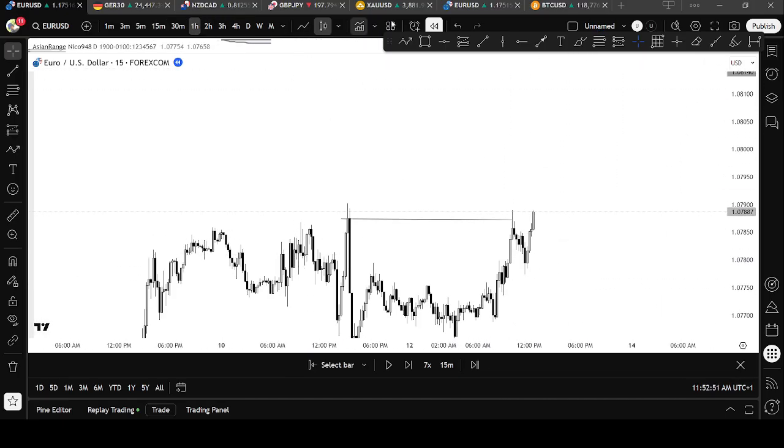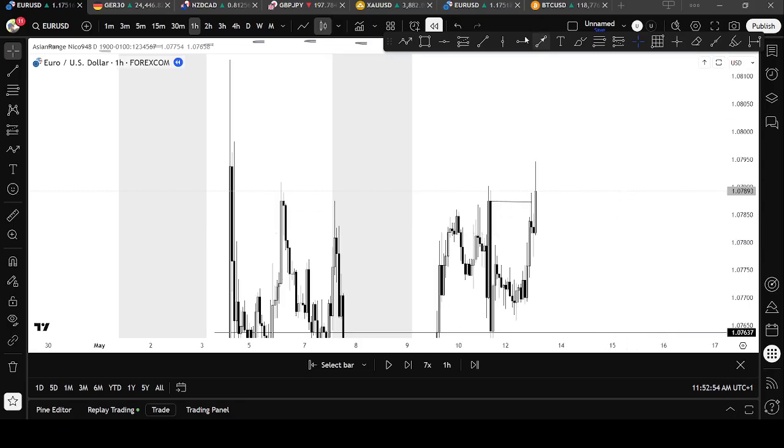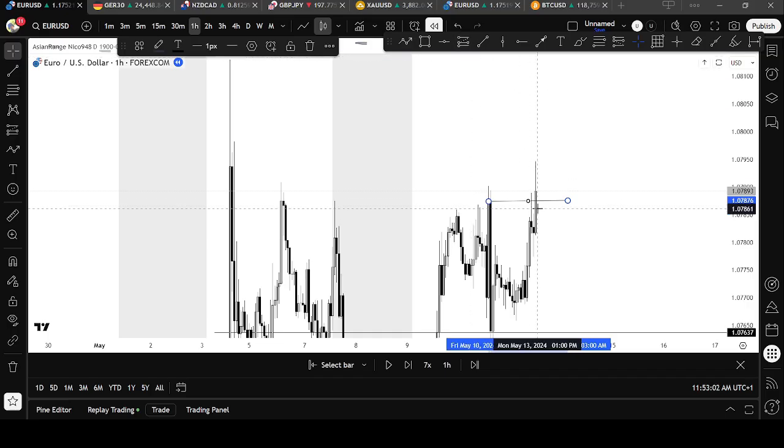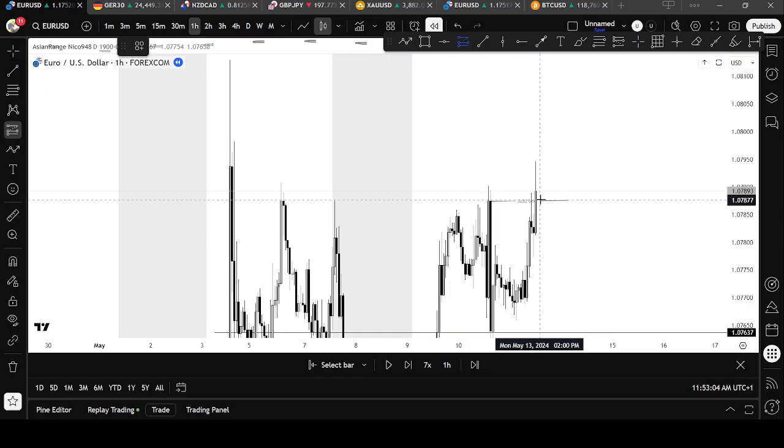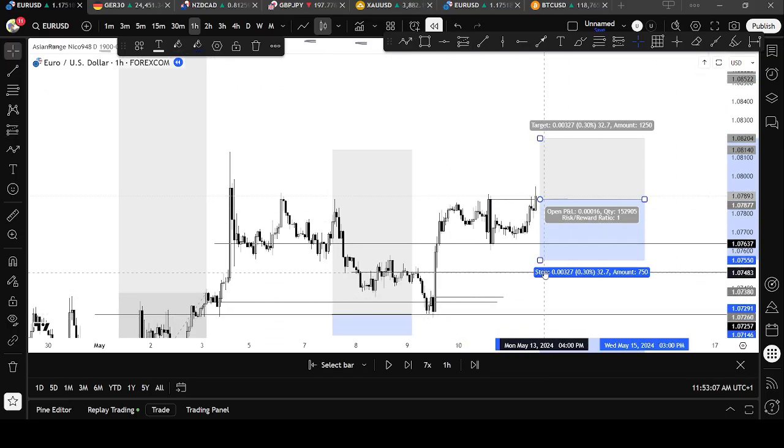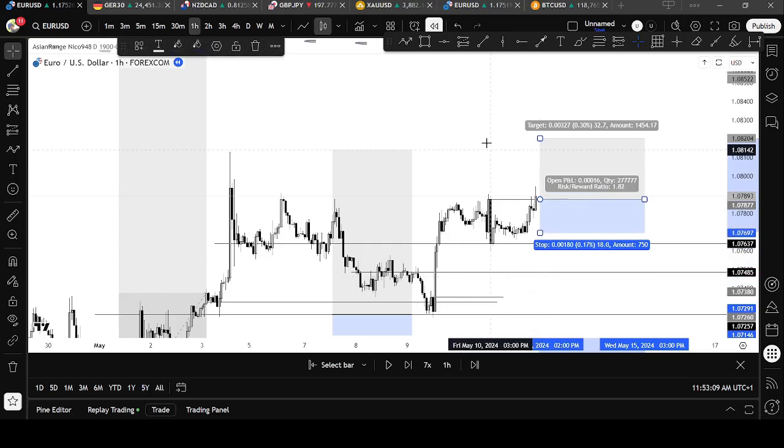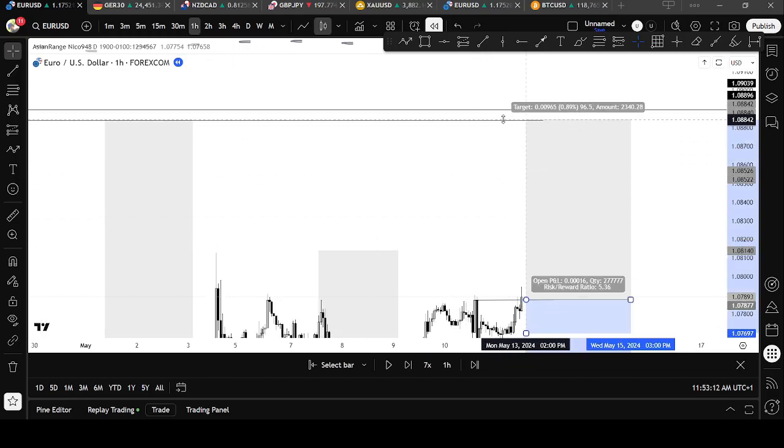Okay, we now have a break. You can either enter from this break, or you enter from another level down there. When we get to entry, we'll talk about all of that, the entry models.